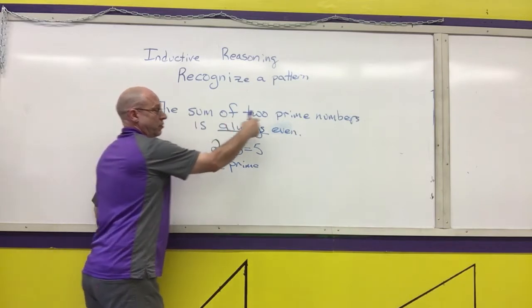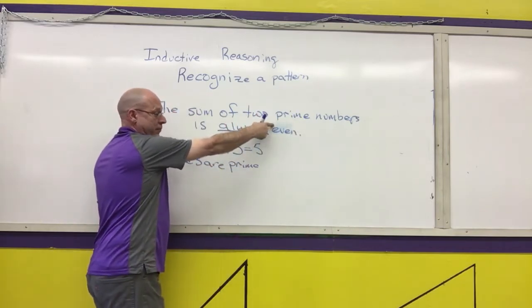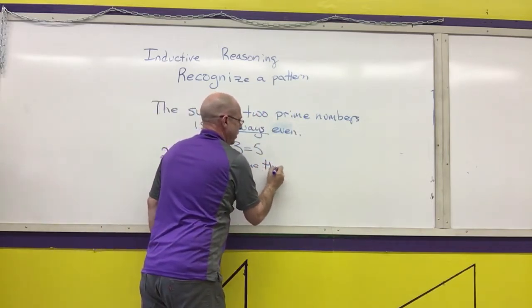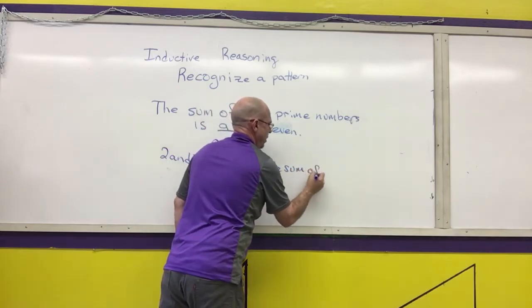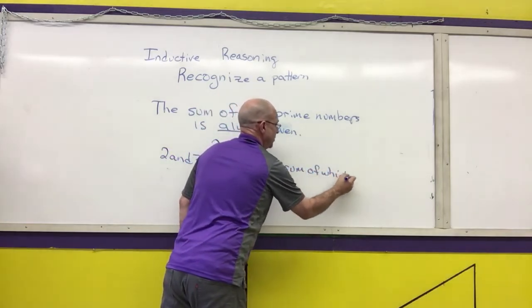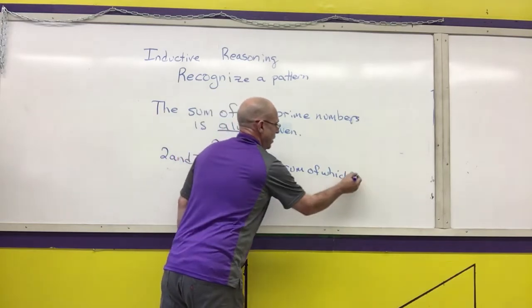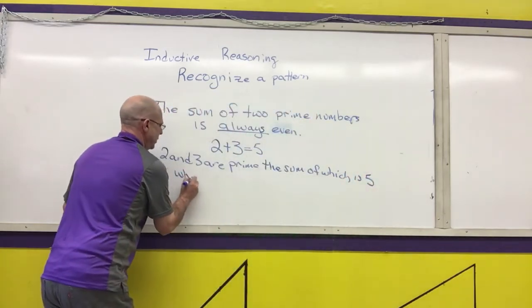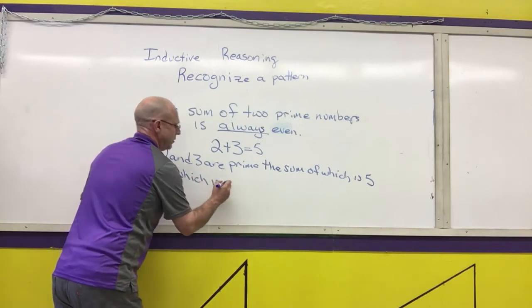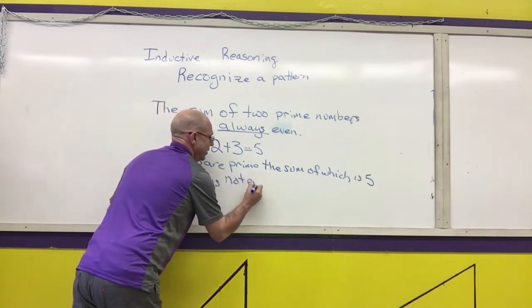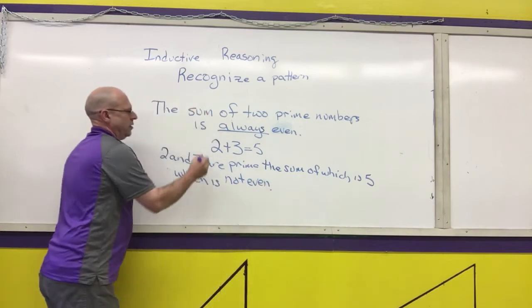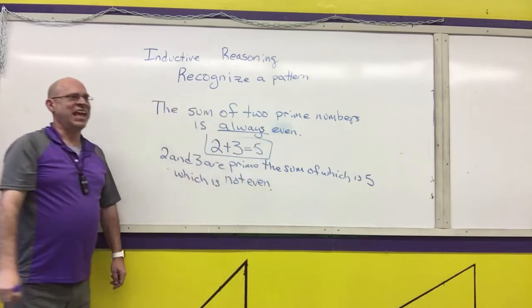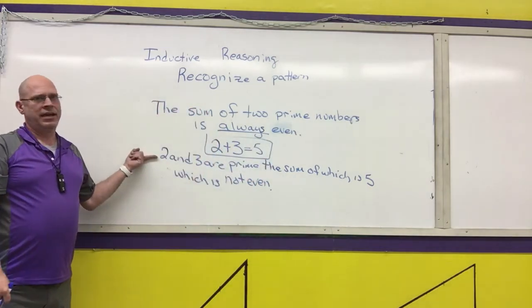Correct? So I need to show they're both prime. The sum of which, what's their sum? Is 5, which is not even. This is a C answer. That is an A answer.